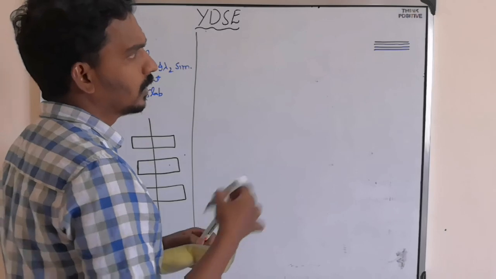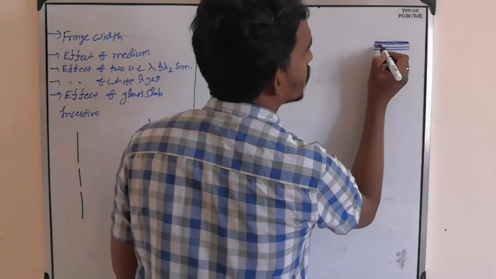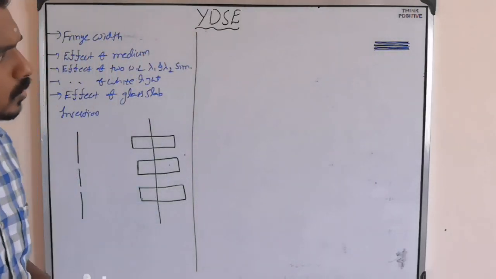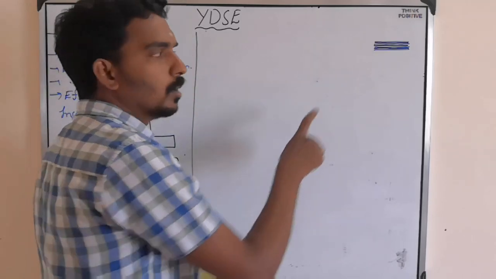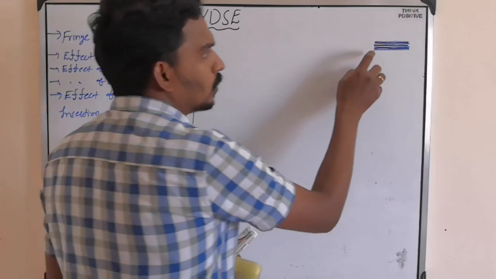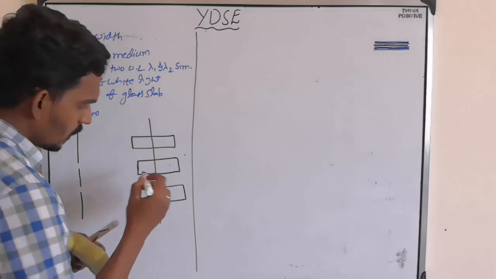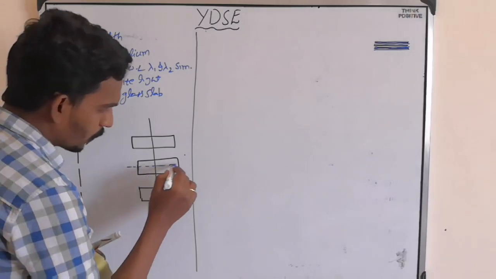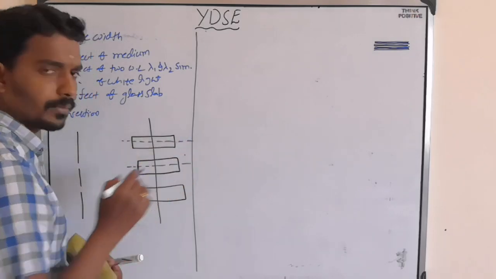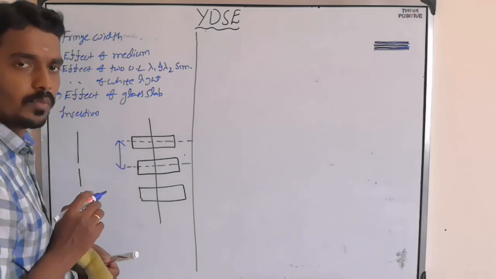The black one is dark, the blue one is bright. There is a central point for the bright fringe and a central line for the next bright fringe. That distance is called fringe width.